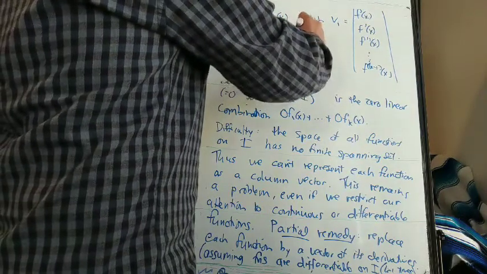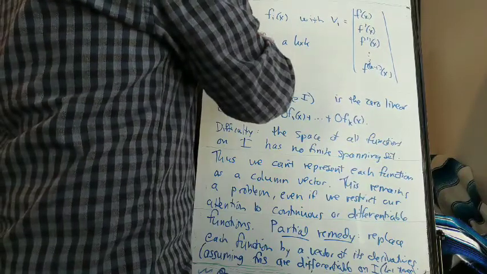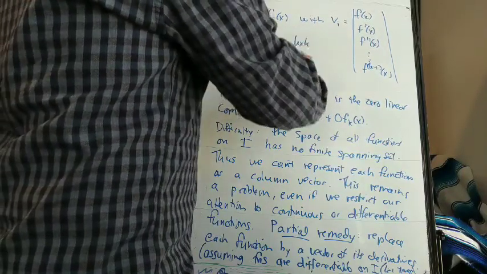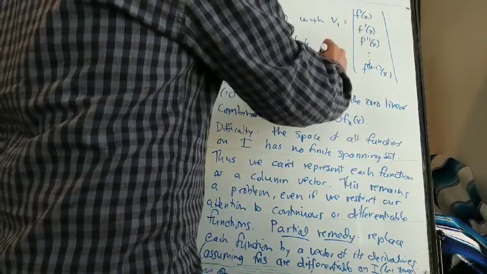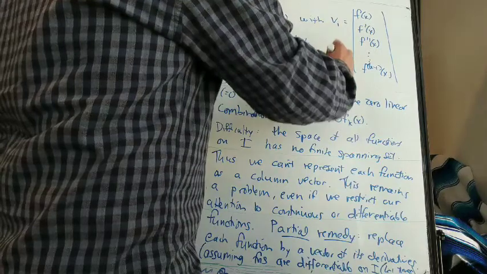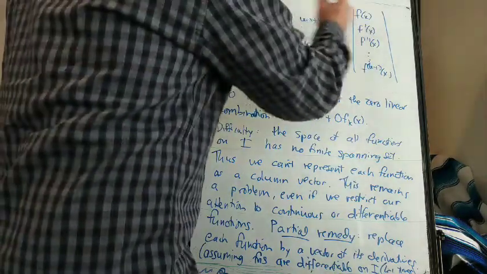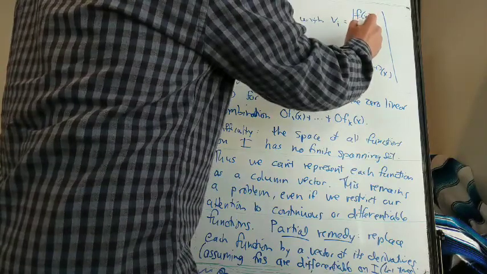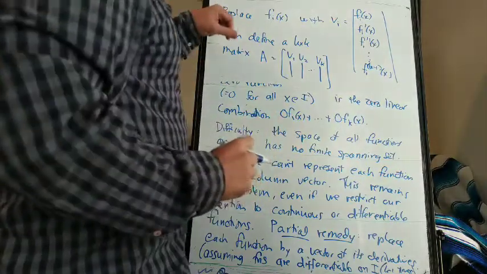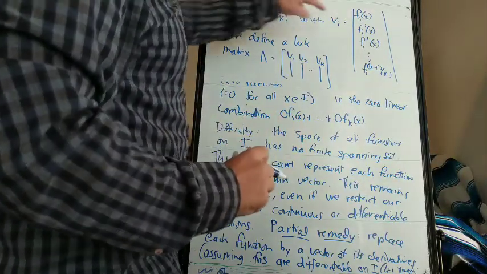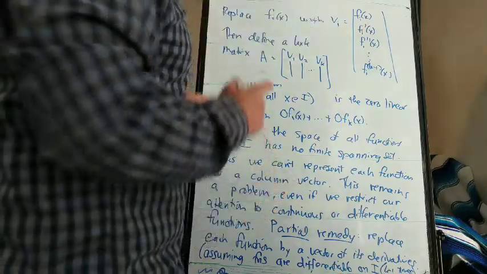So we can define a k by k matrix A, whose columns are v1, v2, etc. up to vk. One column for each function. Well, this should be fi and its derivatives. In some other column, the jth column, of course, it would be fj, fj prime, fj double prime, etc.